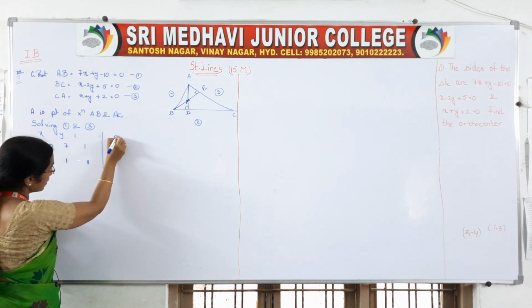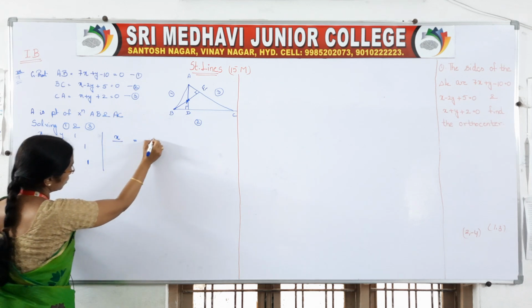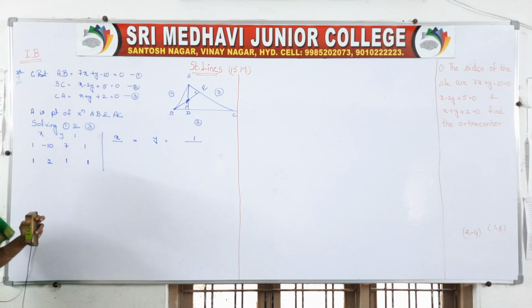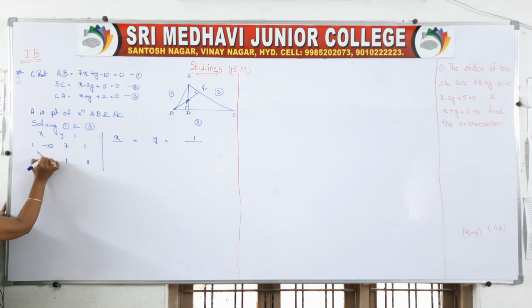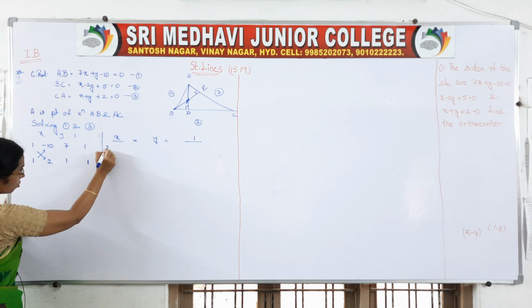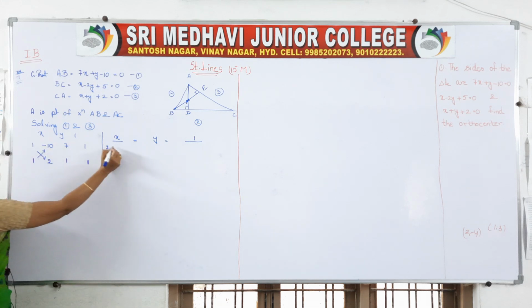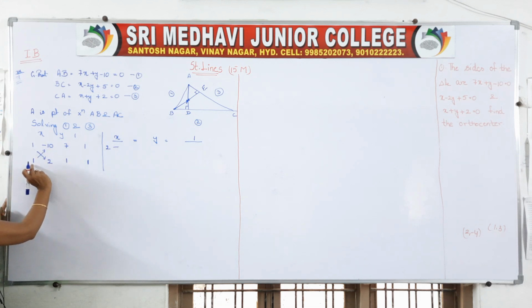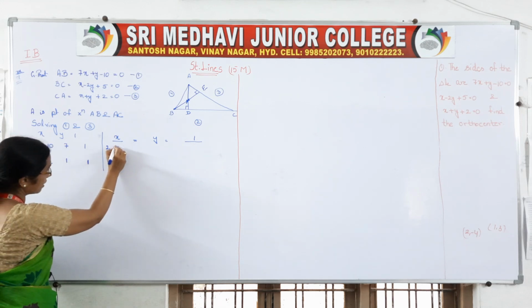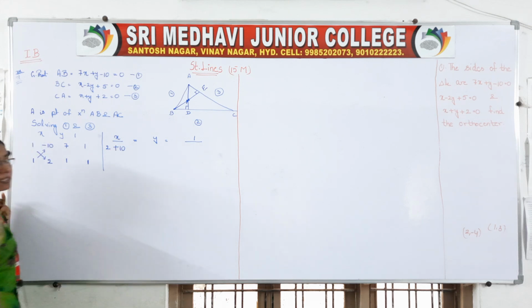This is called the cross multiplication rule. I already explained how to take these values. If we want to find the point of intersection of any two lines, we go for this method. So 1 into 2 is 2, minus 1 into -10, minus is there so it is +10.